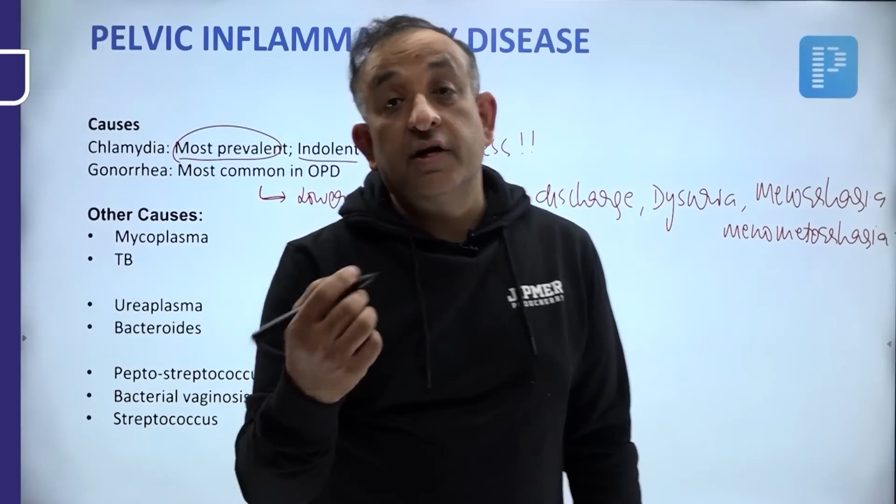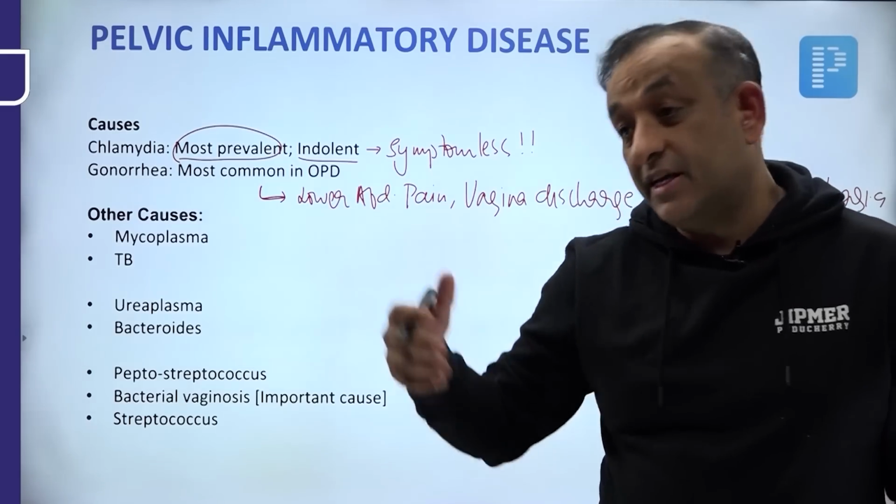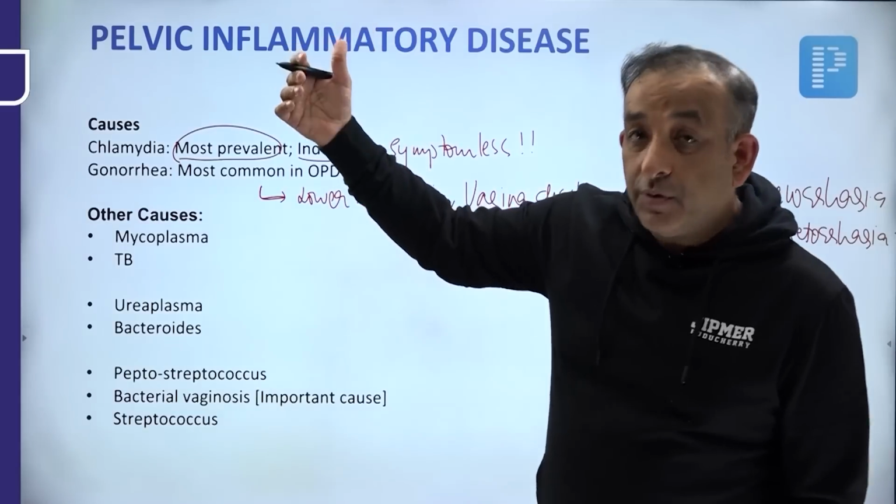So these are the ways gonorrhea can present to you, and the most common symptomatic PID presenting to the OPD is gonorrhea. Most common prevalence-wise is chlamydia.